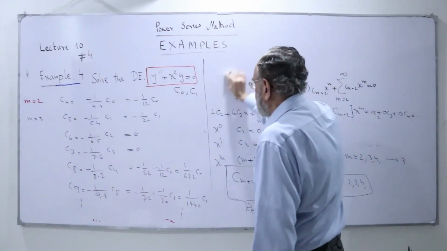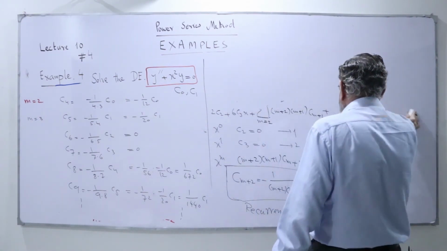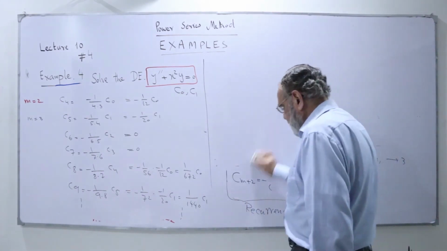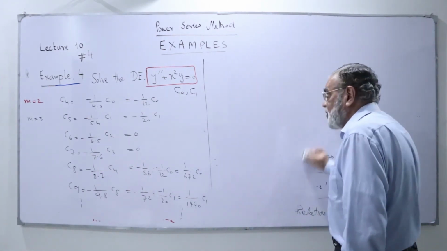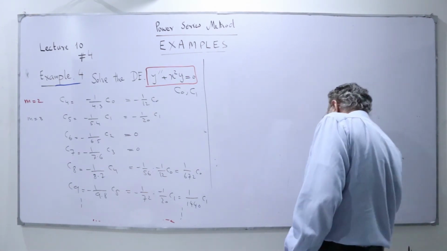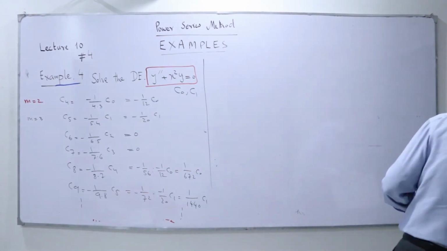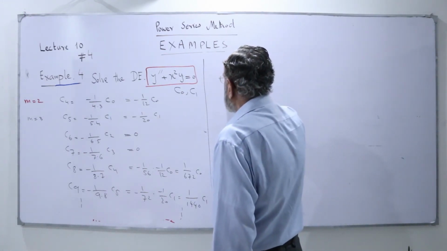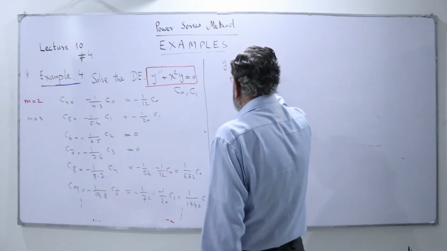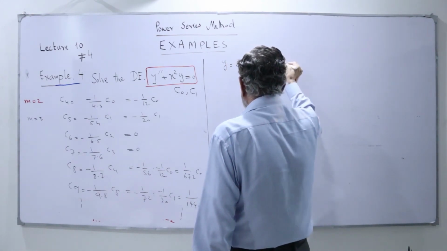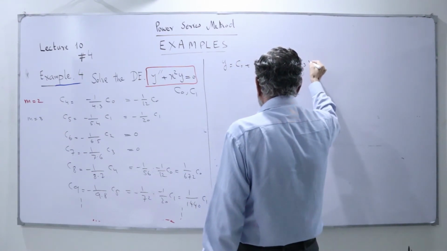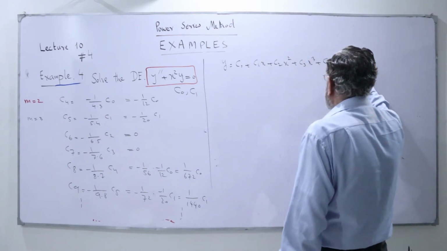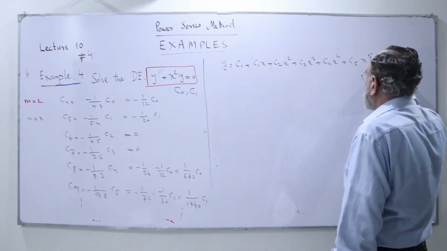My series is about x equal to 0, as I mentioned, because x equal to 0 is the ordinary point. So we are discussing the solution about the ordinary point x equal to 0, and we can write our series for y as C0, C1x, C2x squared, C3x cubed, C4x to the power 4, C5x to the power 5, and so on.